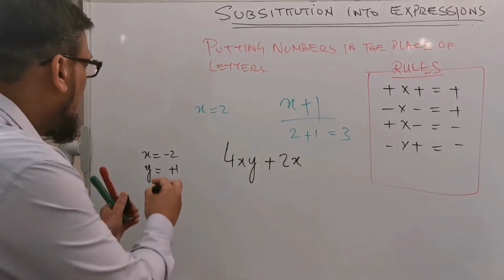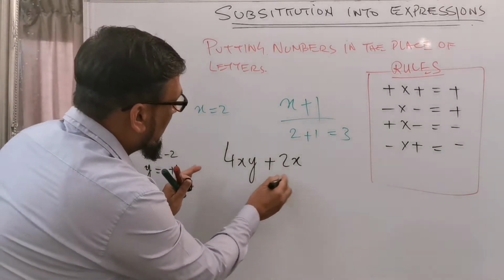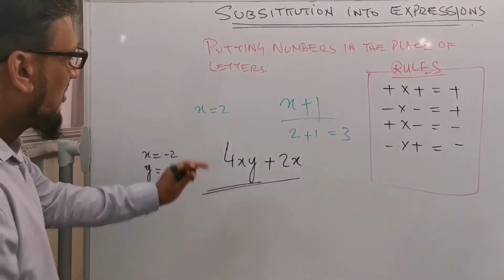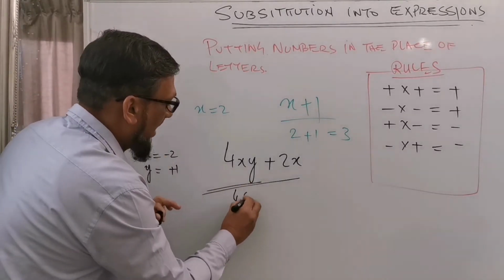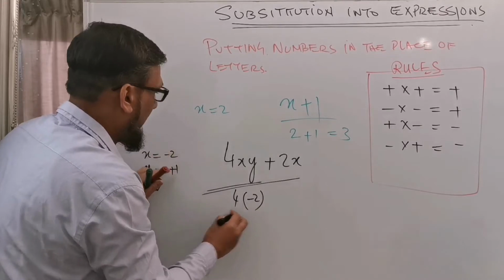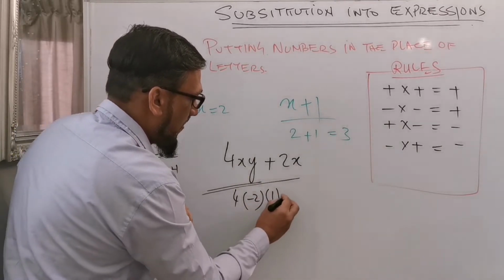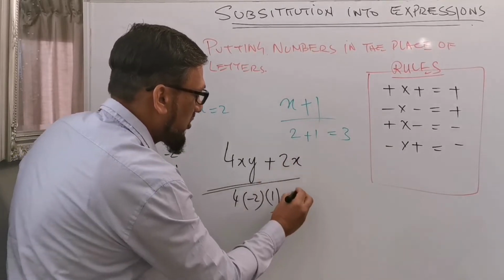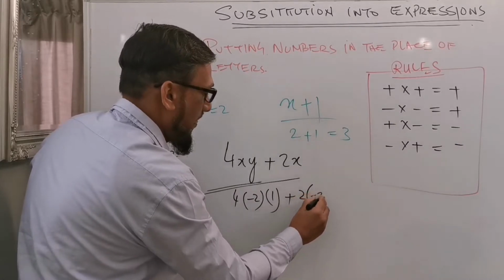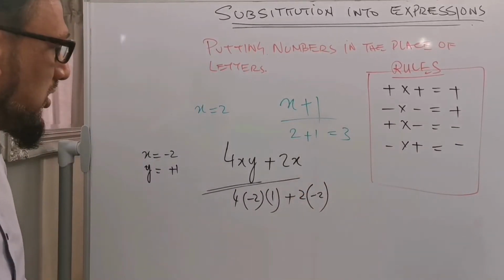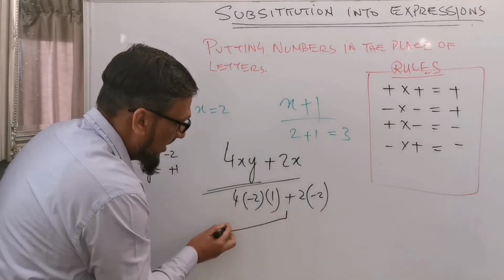You need to substitute the values of x and y into this expression. So the value of x is minus 2 and the value of y is 1, and then plus 2 times x, which is minus 2.